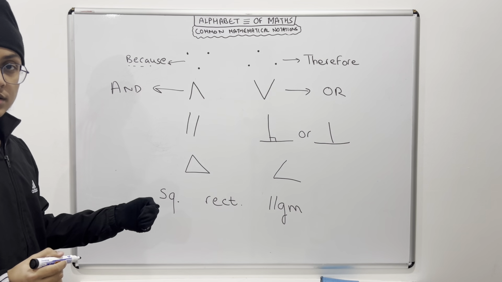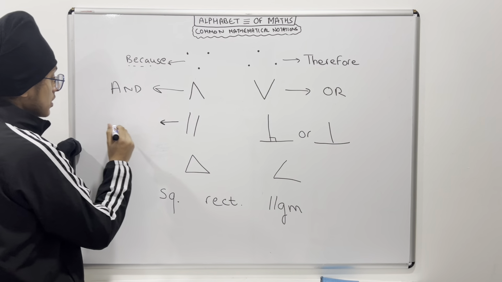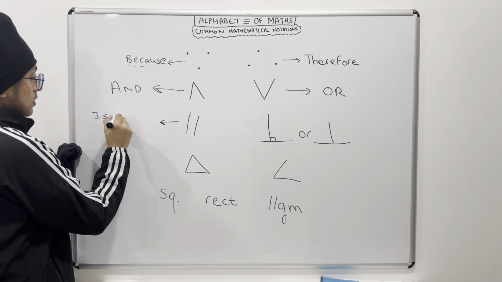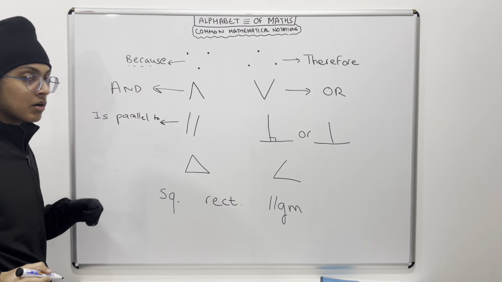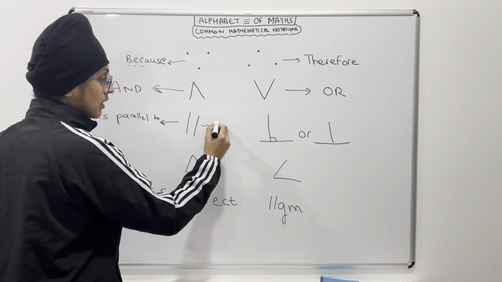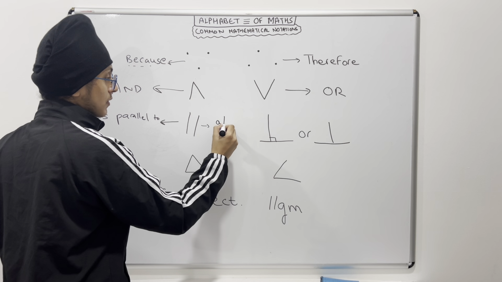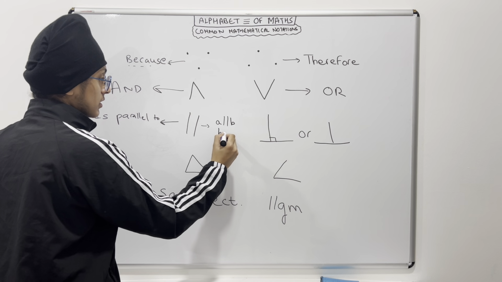These two straight lines that are parallel are used to say is parallel to. For example, if I want to write A is parallel to B, I'll write it like this. If I want to write B is parallel to C, I'll write it like this.